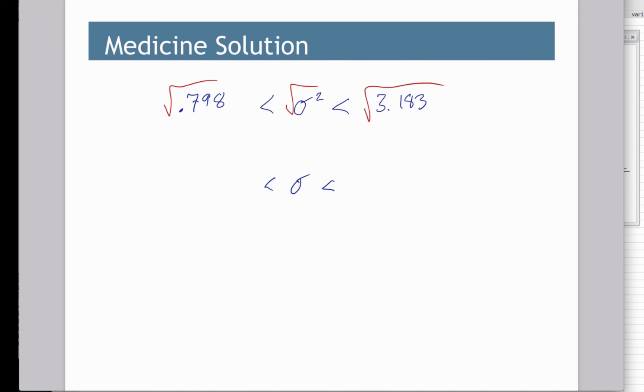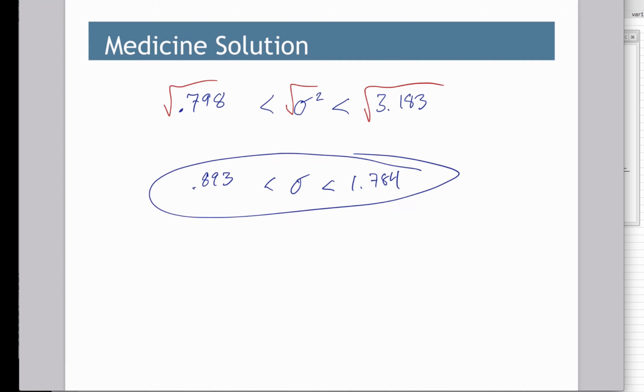So if I just take the square root of each of these numbers, the square root of 0.798 is 0.8933. And if I take the square root of 3.183, that'd be 1.784. And there you go.